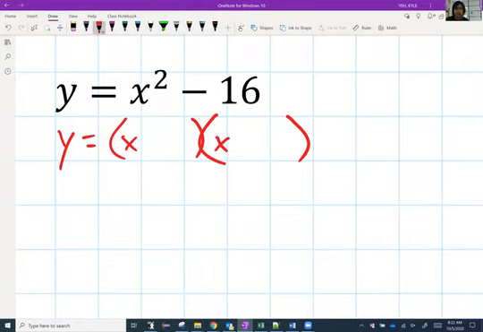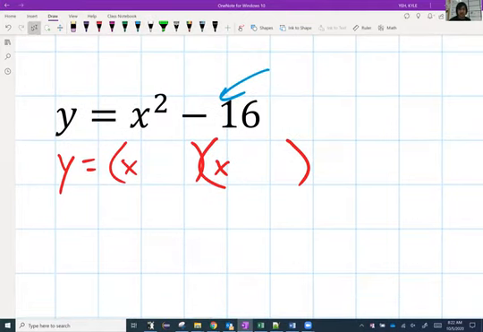And this is where we've got to do a little bit of thinking. 2c says insert signs, and I promised to explain that later. Well, now is later. We want to look at this sign for the c value. Is c positive or negative? Well, c in this problem is negative, negative 16.